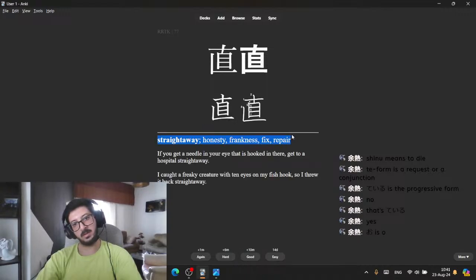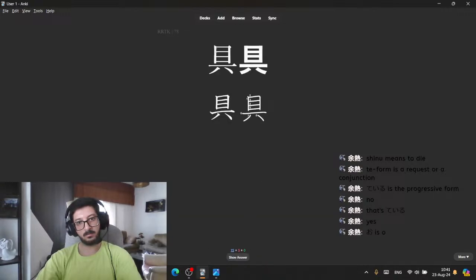Straight away, honesty, frankness, fix, repair. If you get a needle in your eye that is hooked in there, get to a hospital straight away. Shellfish.